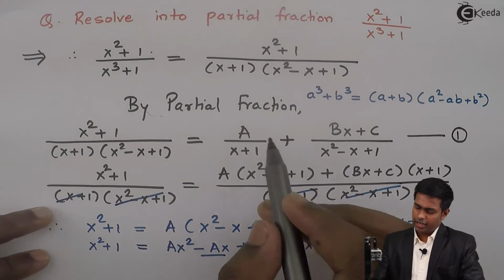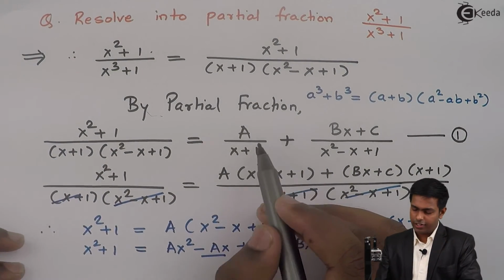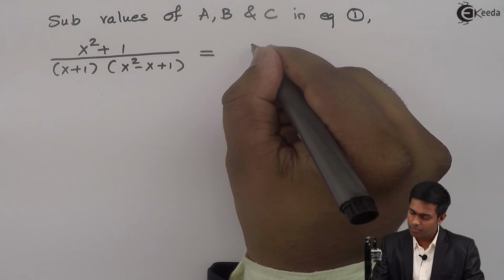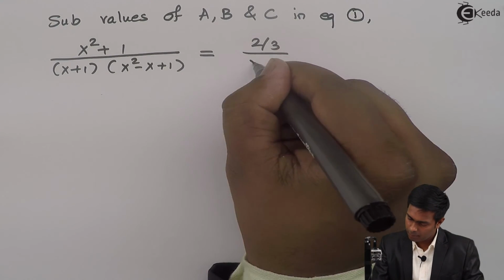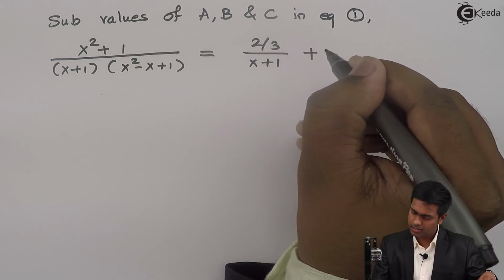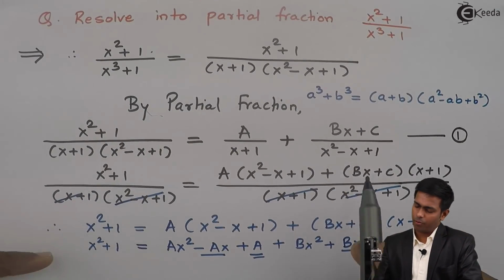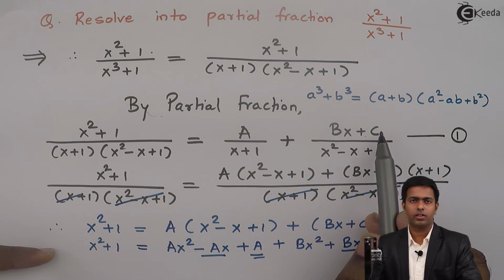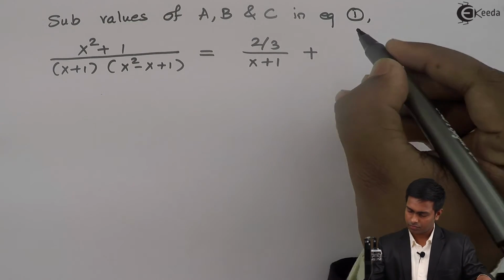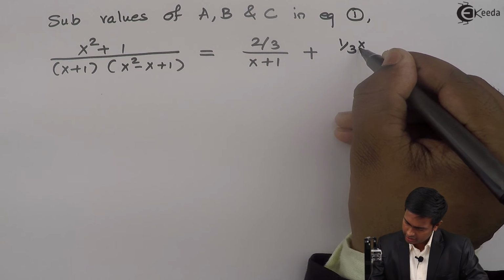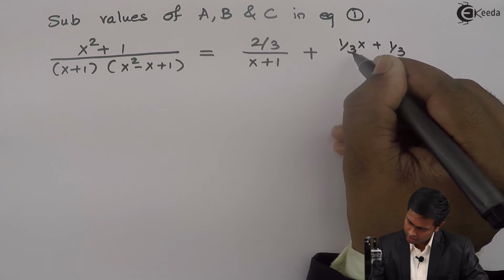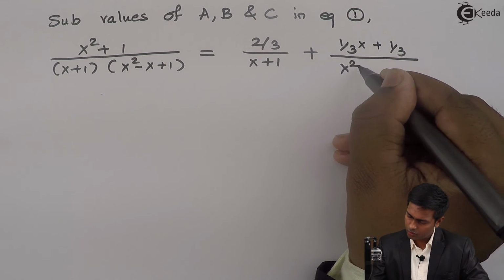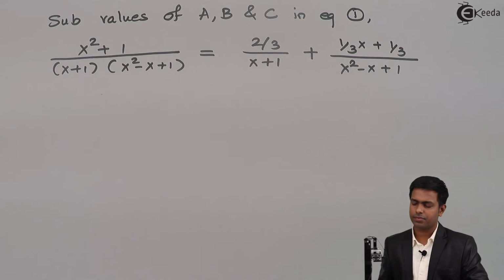now here it is A upon x plus 1 and the value of A is 2 by 3. So that will become 2 upon 3 upon x plus 1 plus, here we have Bx plus C, where we got B and C both as 1 upon 3. So this will become 1 upon 3 x plus 1 upon 3 whole upon x square minus x plus 1.